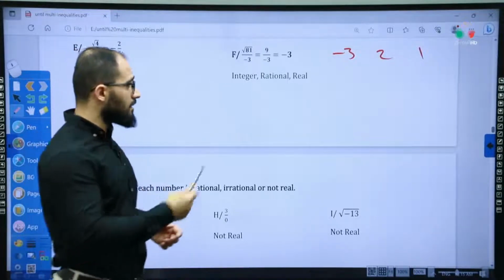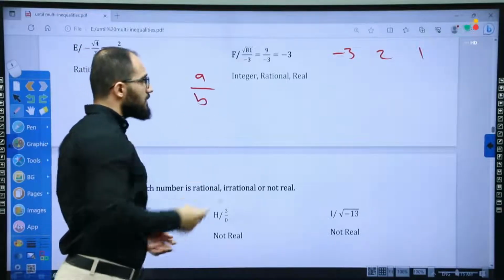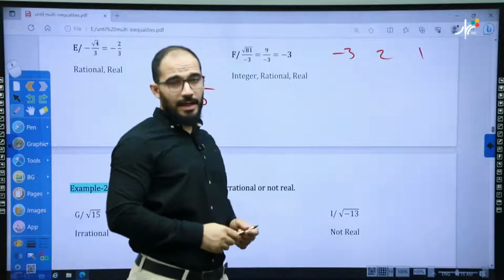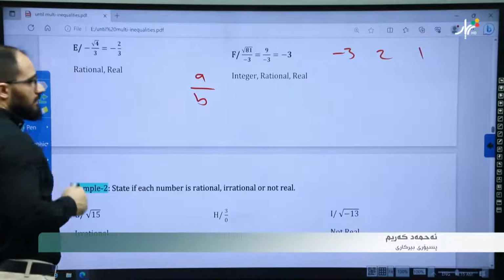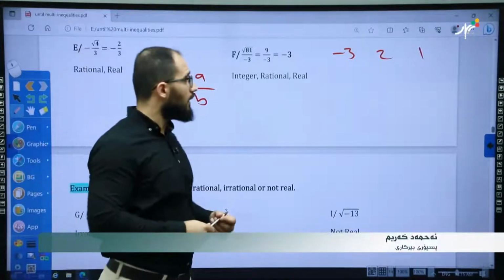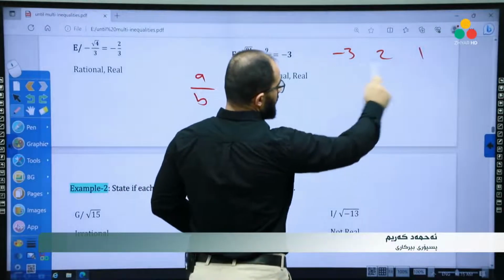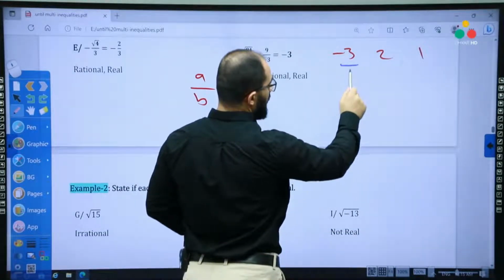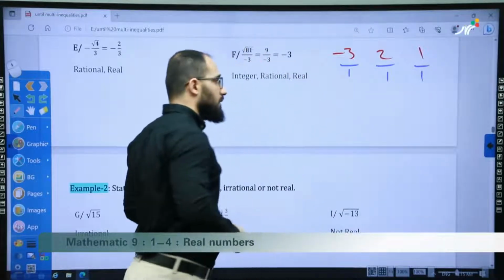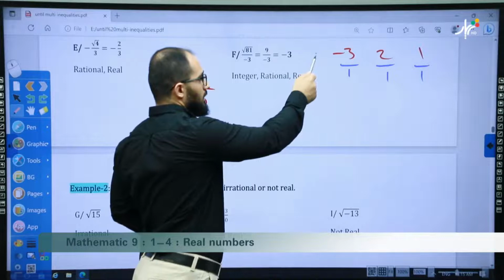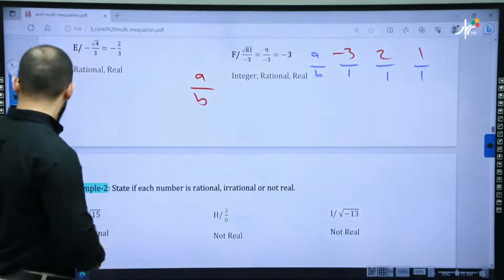We said that rational numbers are numbers that can be written in the form a over b, but it's not a over b. So the answer is, if you remember previous classes, let's say grade 4, 5, 6, we explained that every number has denominator 1. You can see that it is in the form a over b. That's why they are rational.